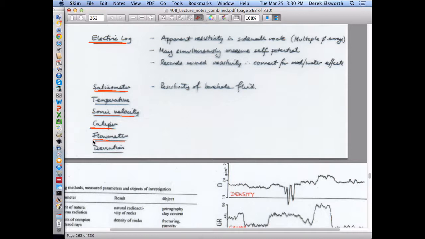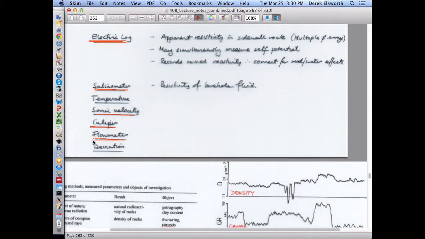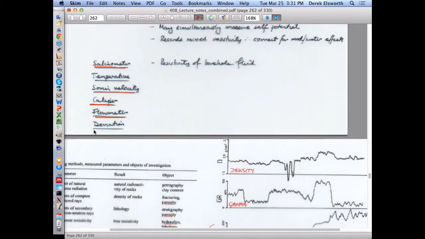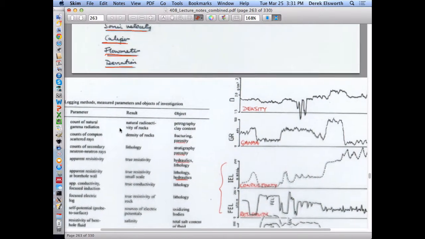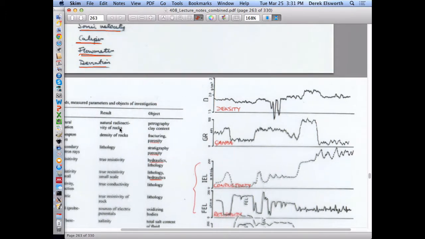You pull it back up, you measure the velocity as it comes up, and if you subtract the two velocities, you have some idea of the static flow in the hole. How much water is coming in at section A, flowing up the hole, and then flowing out at section B allows you to get an appreciation of what the hydrogeology is. And the deviation is to see how off vertical it is, if that's important to you.